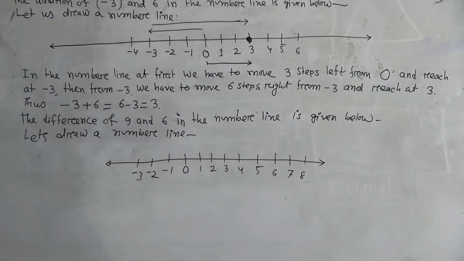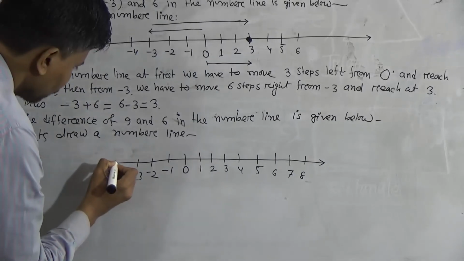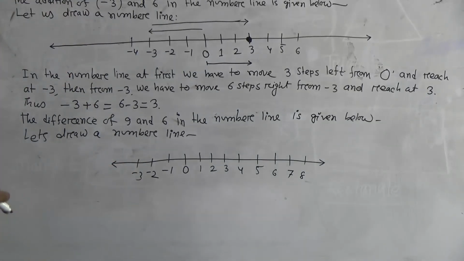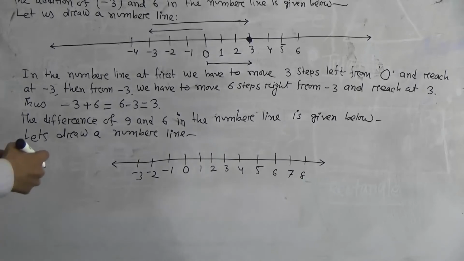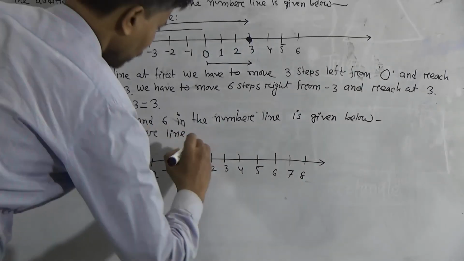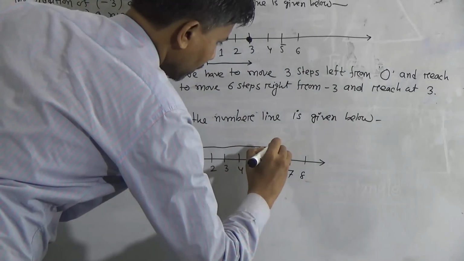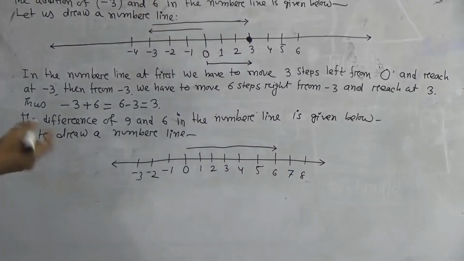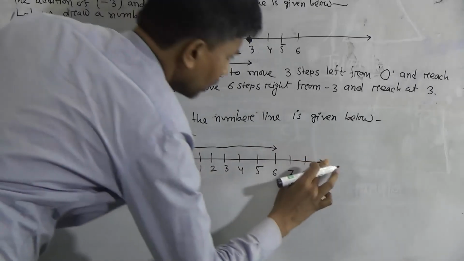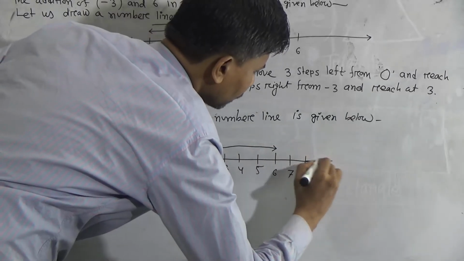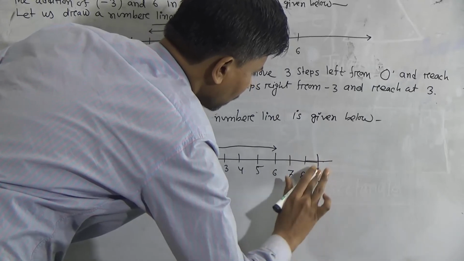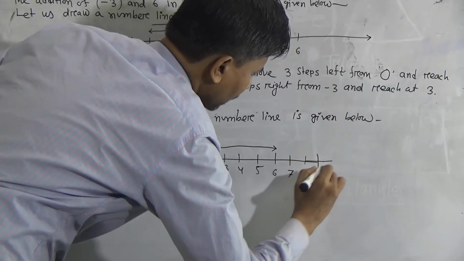Okay? The difference of 9. At first we have to move 6 steps right from 0. Look, 6 steps. Then you have to move 6, 7, 8, then 9.